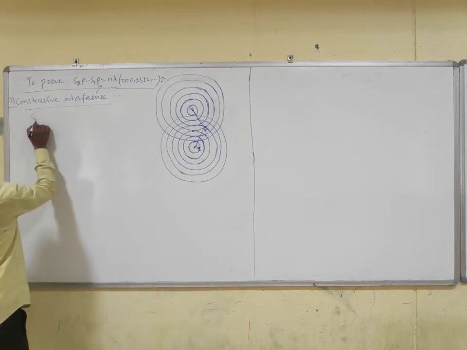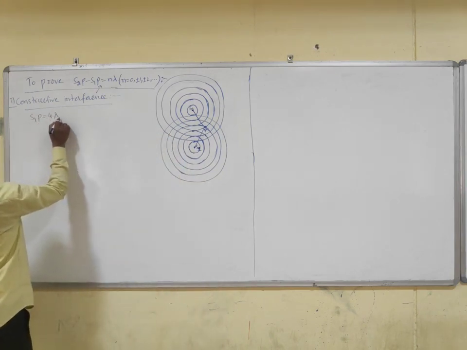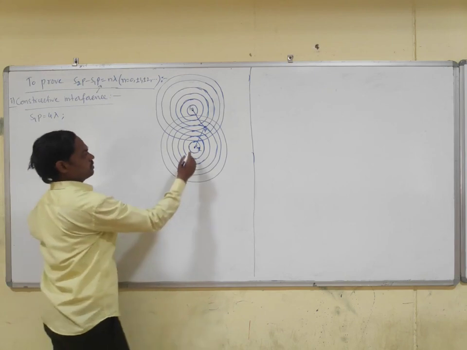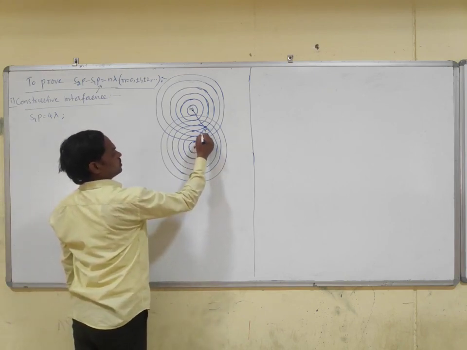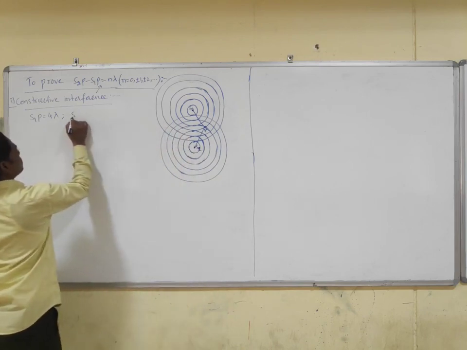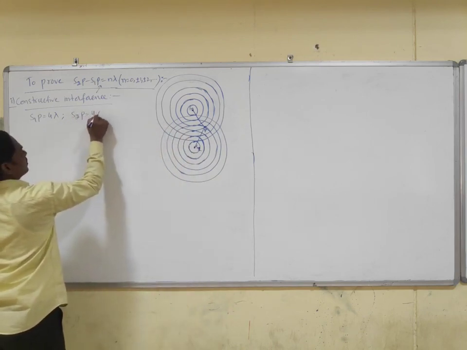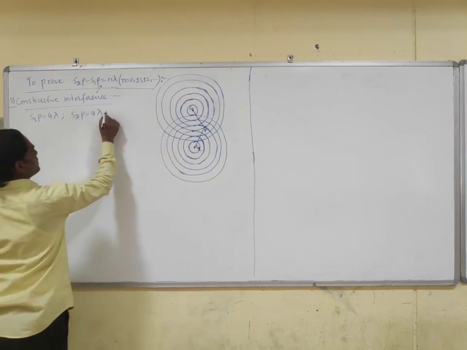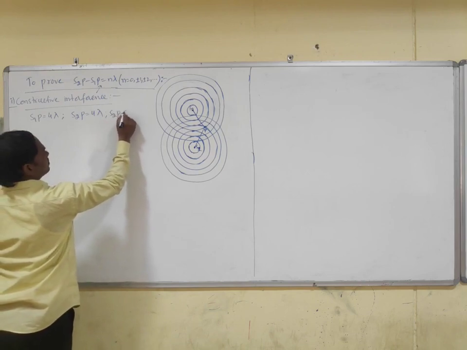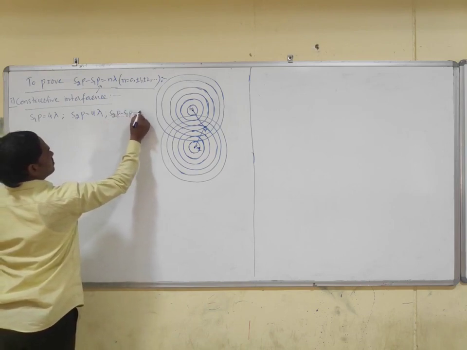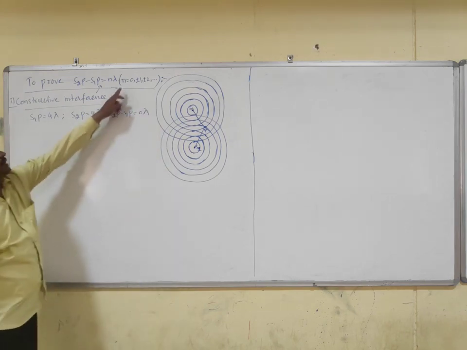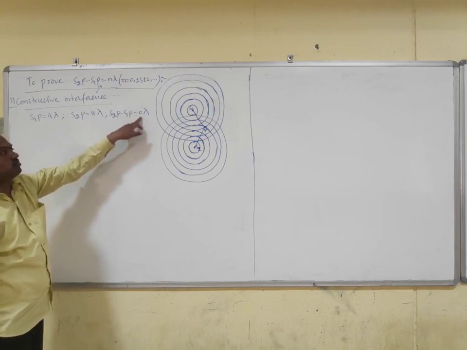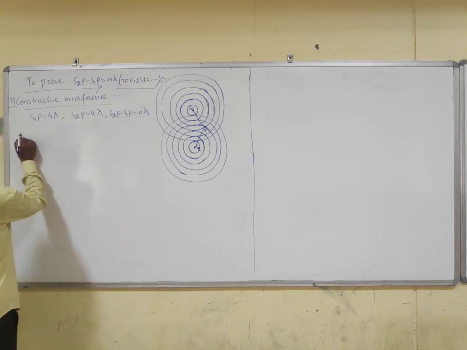So S1P is equal to 4 lambda. Similarly S2P is equal to how much? 1, 2, 3, 4. S2P is equal to 4 lambda. Now S2P minus S1P, the path difference, is equal to how much? 4 minus 4, 0 lambda. So we got n equal to 0.